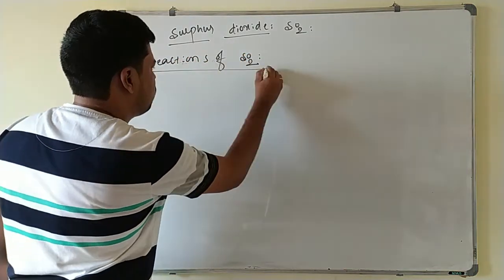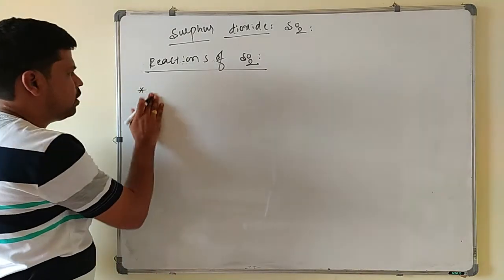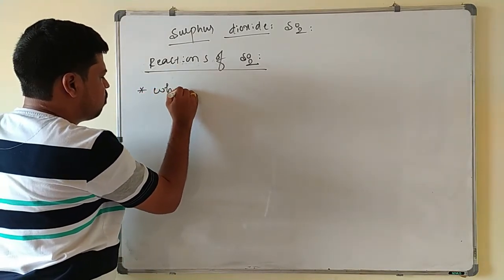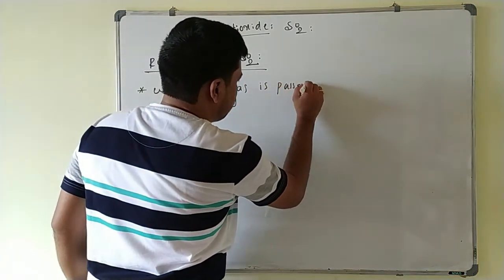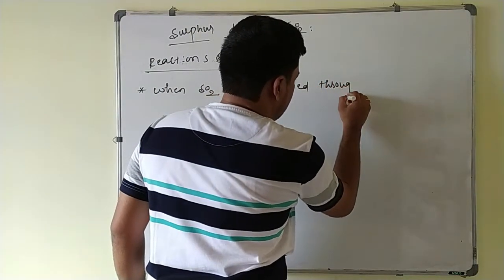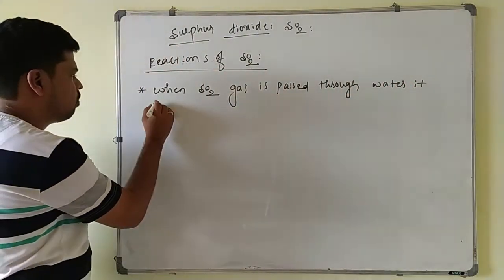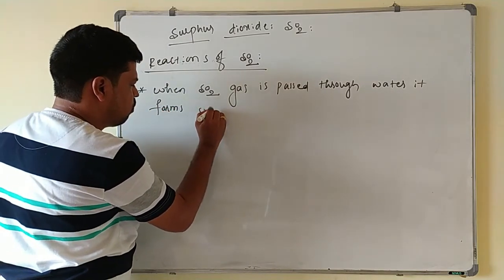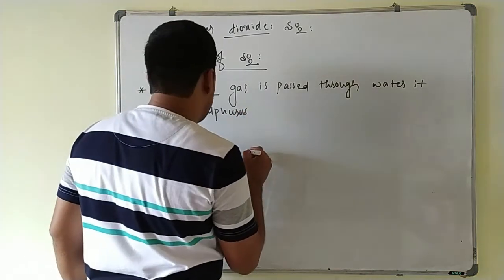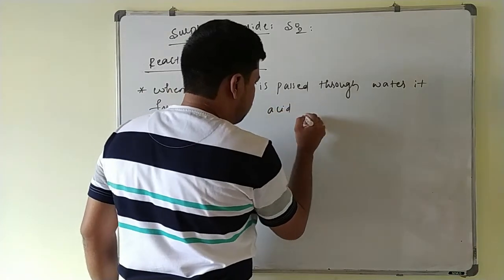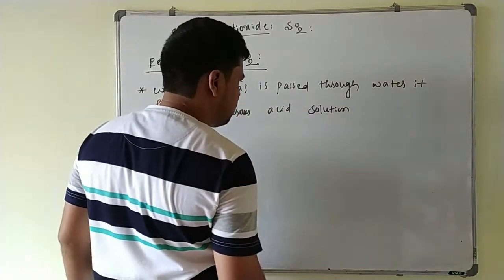Reactions of SO2. First one, when SO2 gas is passed through water, it forms sulfurous acid solution.